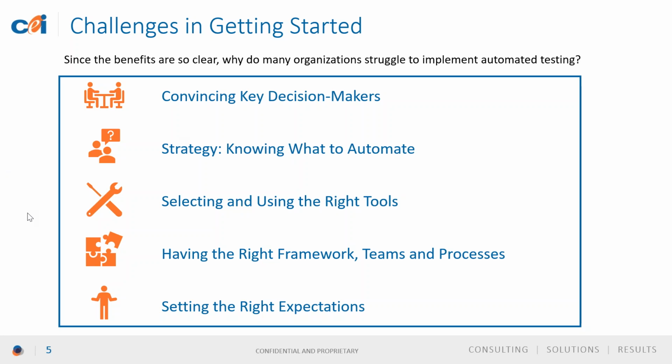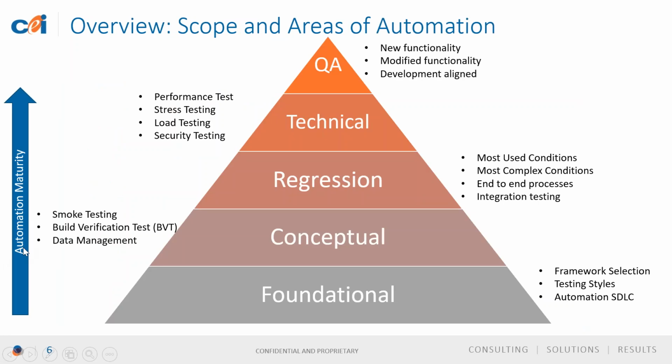So let's cover scope and the areas of automation. The areas can be broken up really into 5 distinct groups. We have foundational, conceptual, regression, technical, and QA, and each of those groups builds upon things that you'll have fleshed out and encountered in the previous ones.